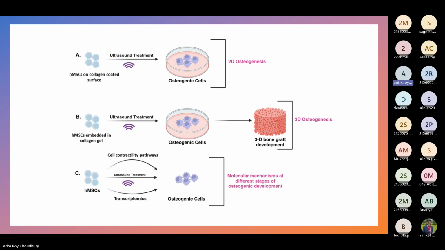Okay, sir. Shinjan, I think you have something. What's the role of ultrasound here? Ultrasound's role is mainly to provide mechanical force. Ultrasound basically vibrates at a higher frequency than the audible range, and so they provide a shock to the cells.